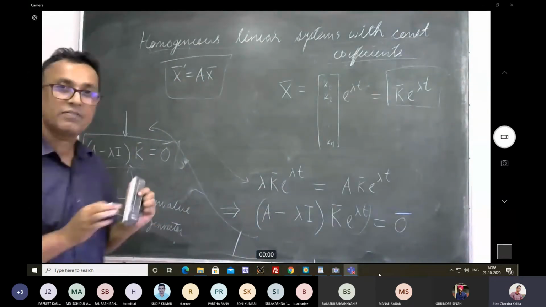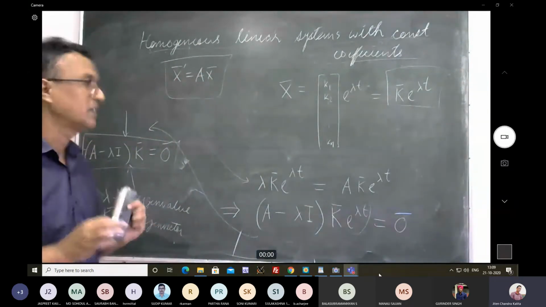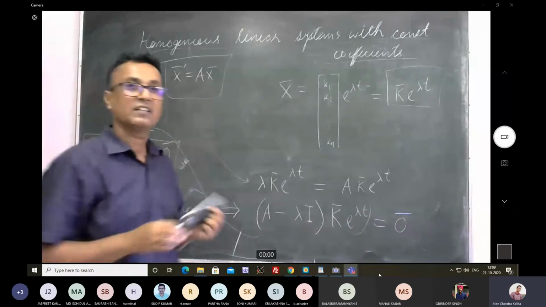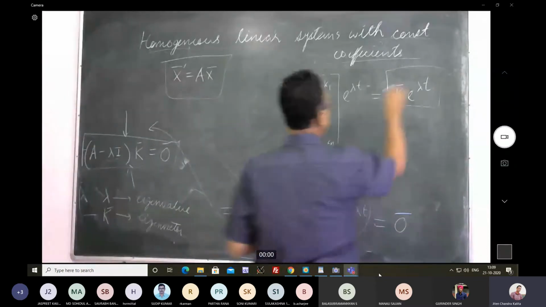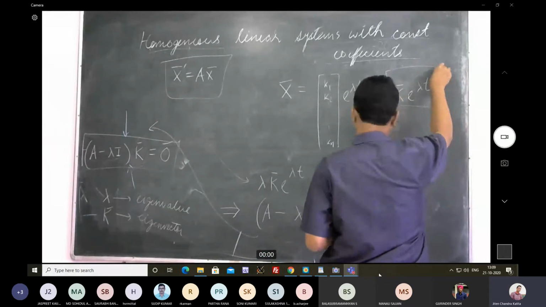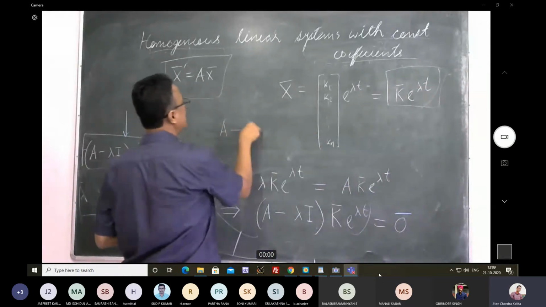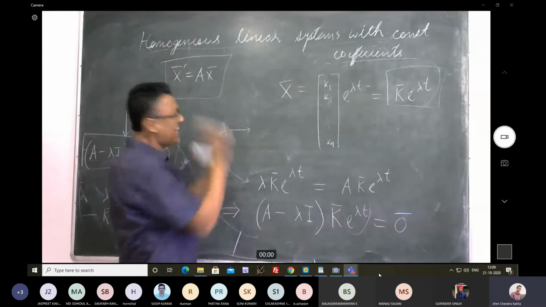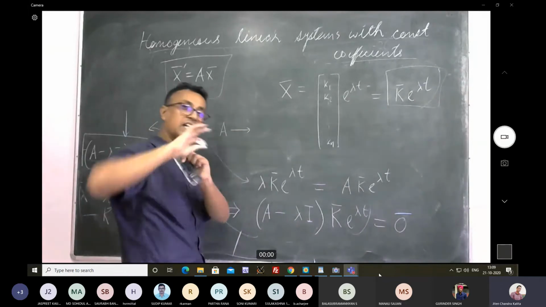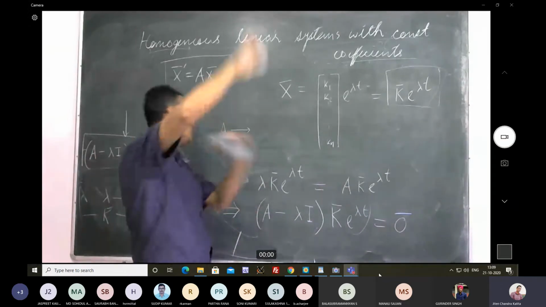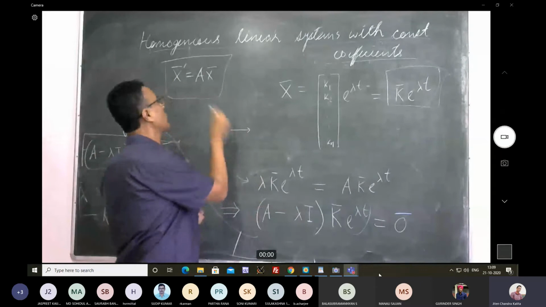That means if I can find a solution of this form, or if I find an eigenvalue... forget about all eigenvalues. Let me concentrate on only one eigenvalue.